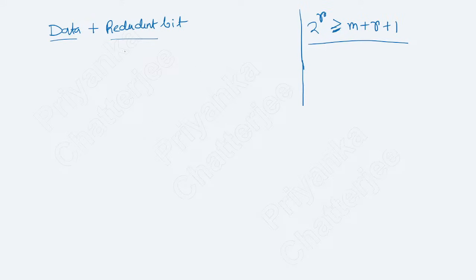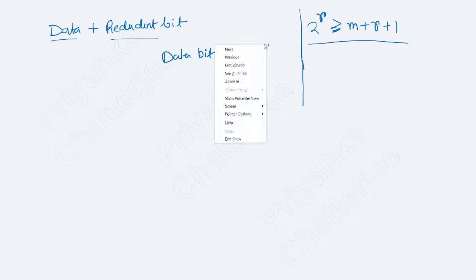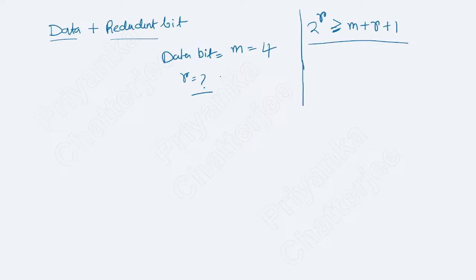Suppose my data bit M is 4, then you have to calculate R, meaning how many redundant bits I have to allocate.